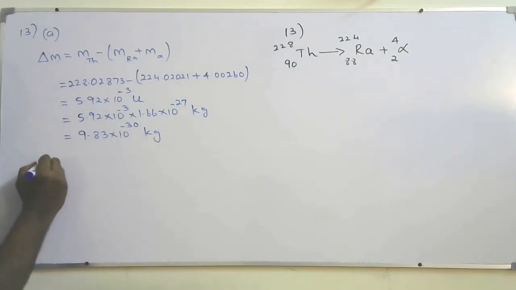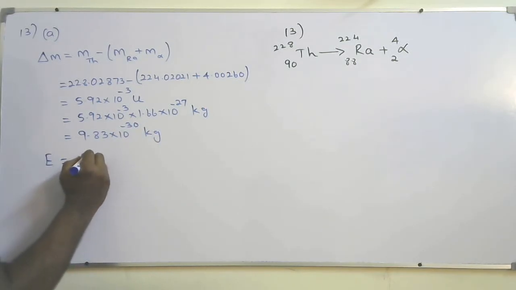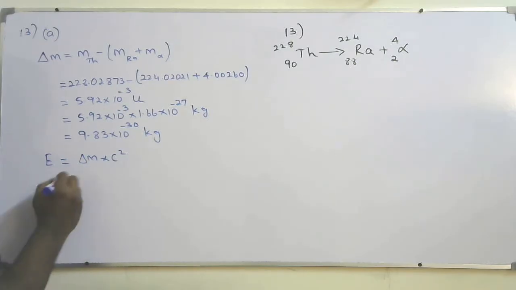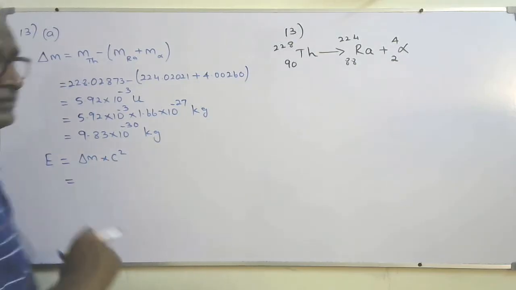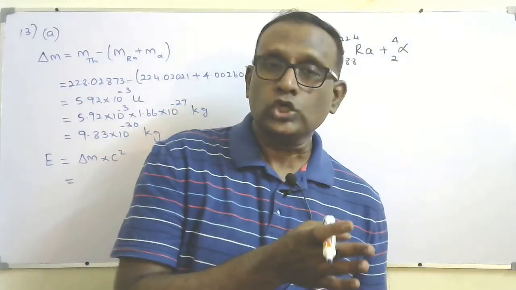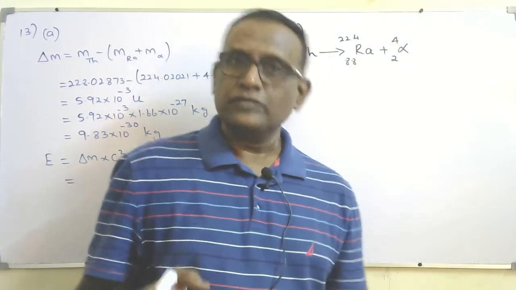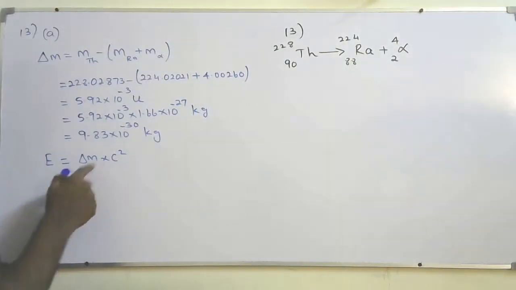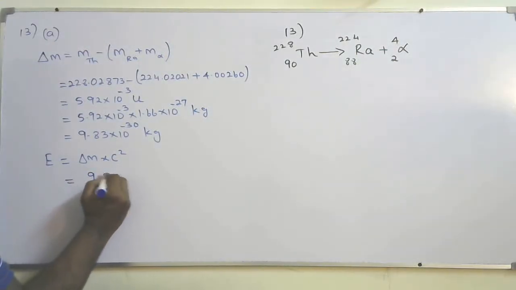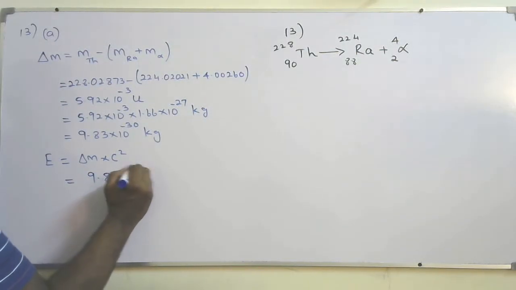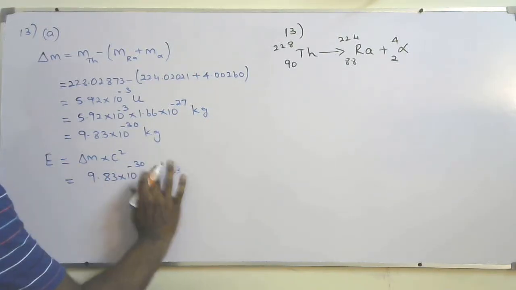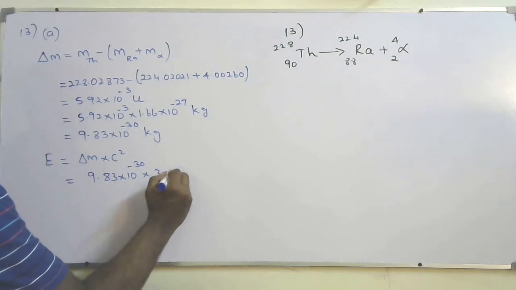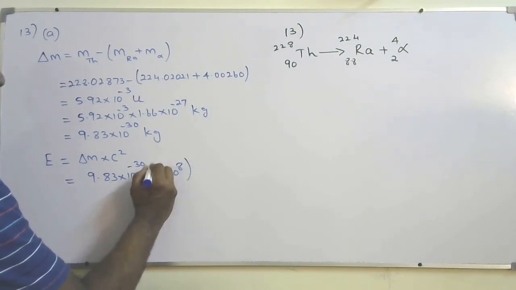So energy released E equals delta m times c squared. When we use kilogram for the mass and the speed of light 3 times 10 to the power 8, we will get it in joules. So we can directly convert to mega electron volt. So that will be delta m, 9.83 times 10 to the power minus 30, into 3 times 10 to the power 8, all squared.